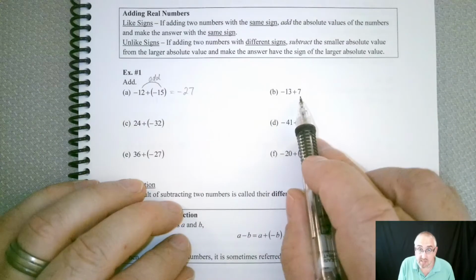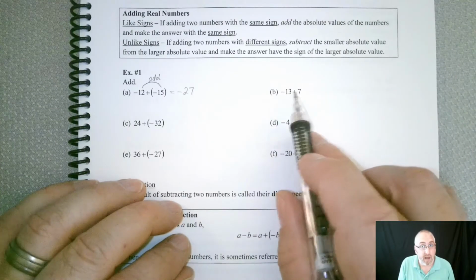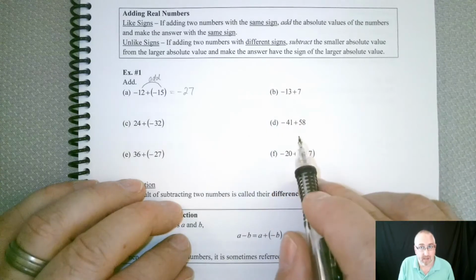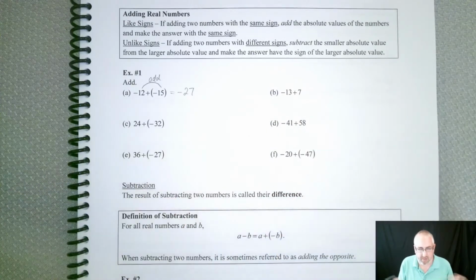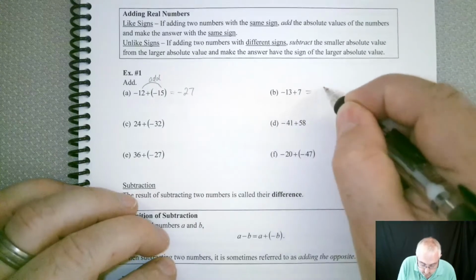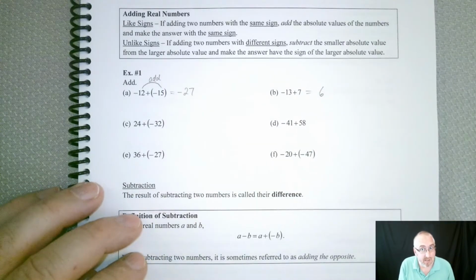Negative 13 plus 7. Okay, so now we're adding, but now the two numbers are different in sign. So now the rule says we want to subtract them. So again, forget about the signs. 13 minus 7 is 6. But is the answer positive 6 or negative 6? It depends on which one was bigger.